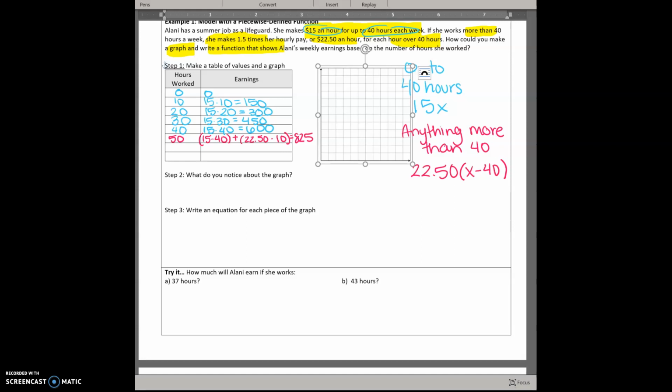Okay, and then let's just say 60. So again, she's going to get 15 times 40 for the first 40 hours. And then she's going to make an additional $22.50 for the 20 over the 40 hours. And so then she would make $1,050.